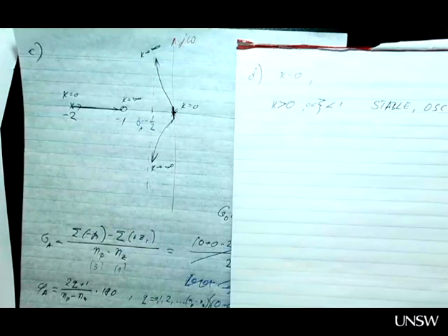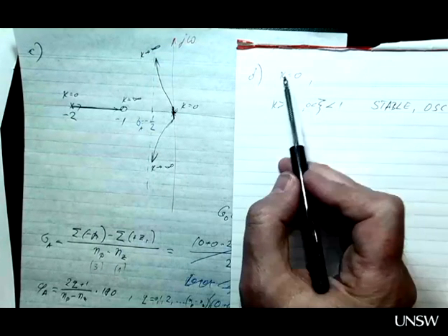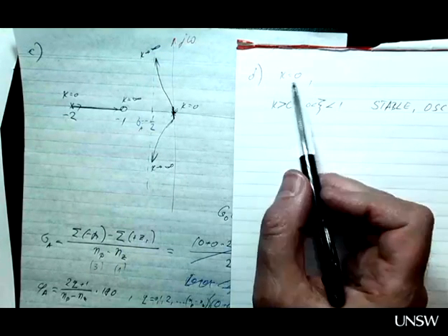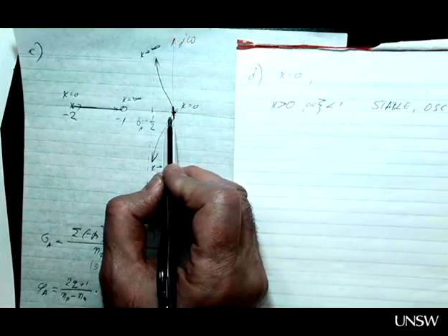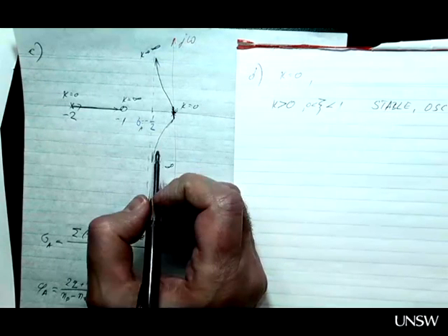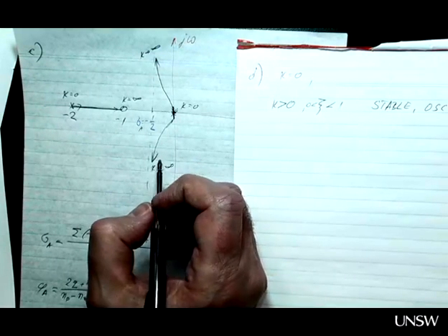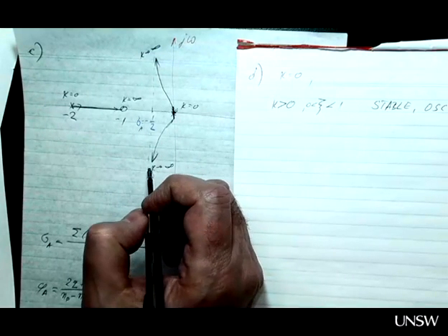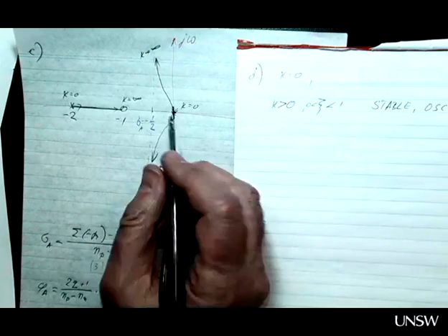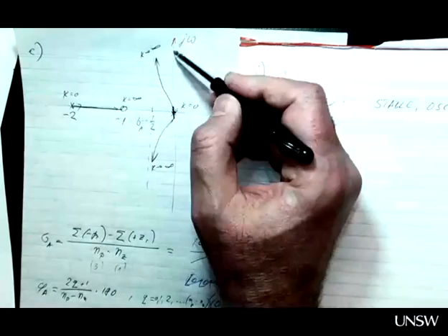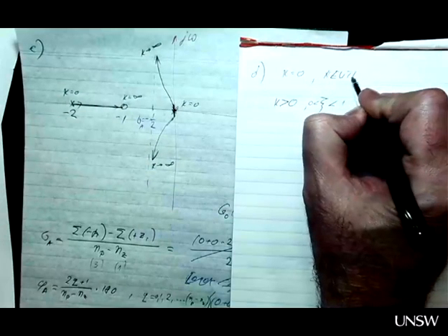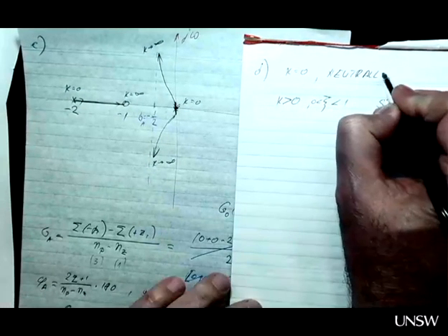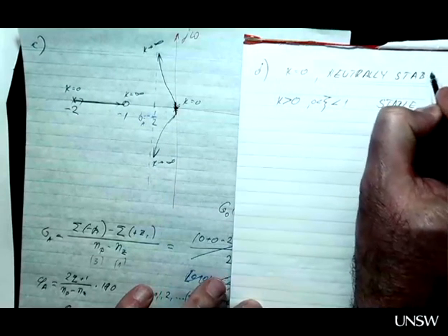But let's have another look quickly at what happens here. When K equals 0, it is non-oscillatory, but is it stable? Or is it unstable? No, it's not stable, it's not unstable. It's neutrally stable because these poles are lying exactly on the imaginary axis. So neutrally stable. Okay.